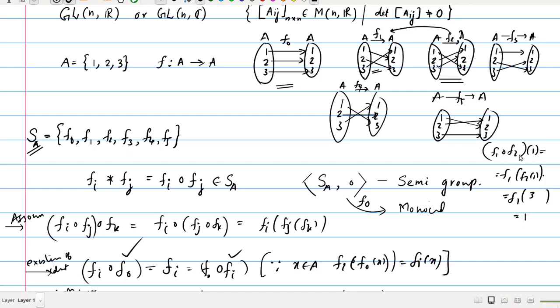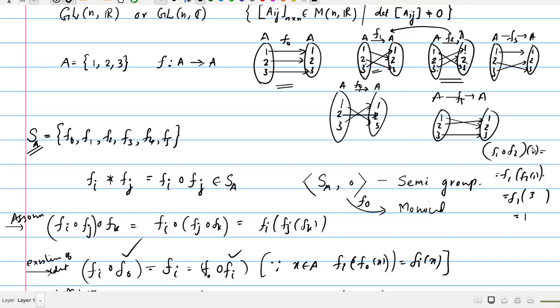In a similar fashion, you can get f1 composition f2 of 2. Here 2 is mapped to 1, and that 1 is mapped to 2 again, so 2 is mapped to 2. And here, the image of 3 is mapped to 2, and here 2 is mapped to 3, so 3 is ultimately mapped to 3 itself.